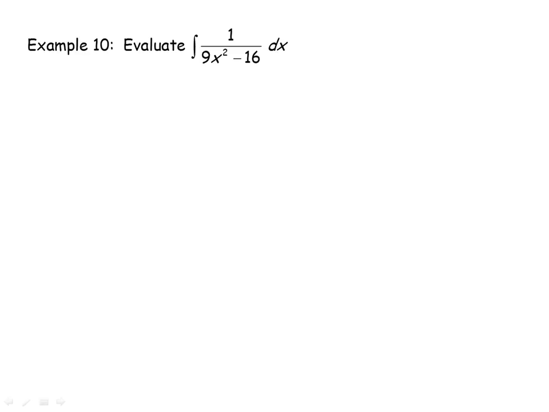What is a squared? 16. So a is going to be 4. What is u squared? So what is u? So what is du? But we don't need 3. We need 1.